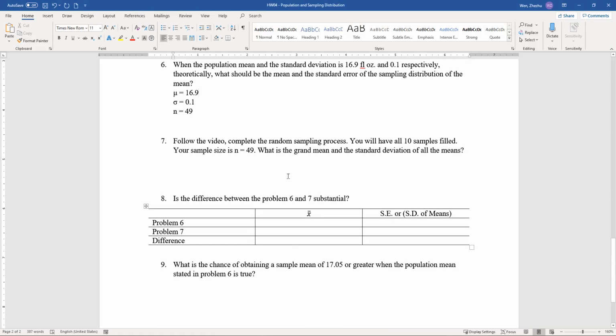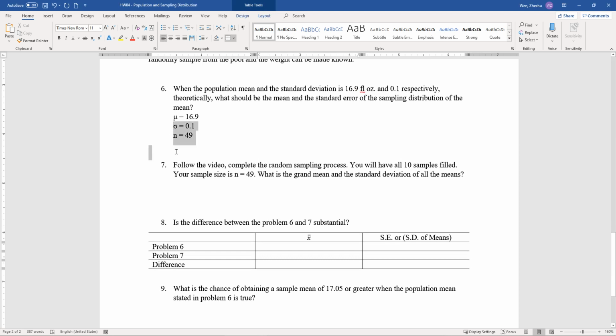Once you complete that, number 8 is asking you to compare the result you have obtained in 6. Remember, in 6, you have the theoretical way of calculating the grand average and the standard error.